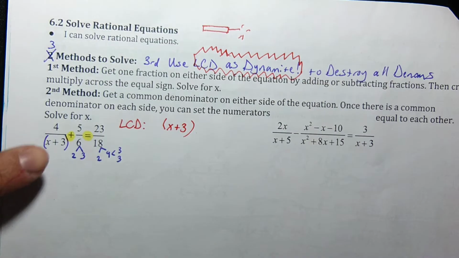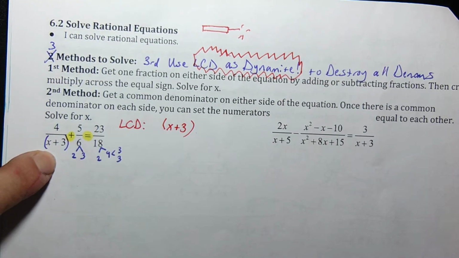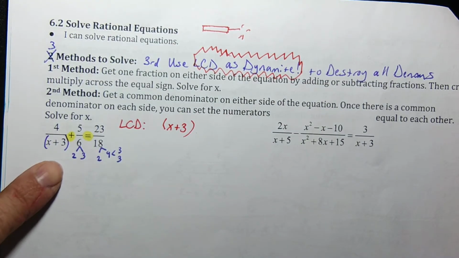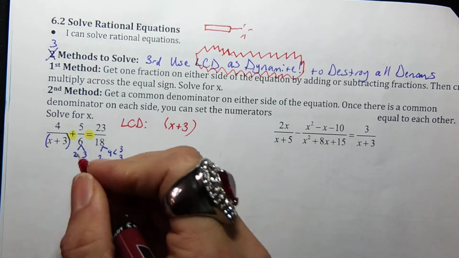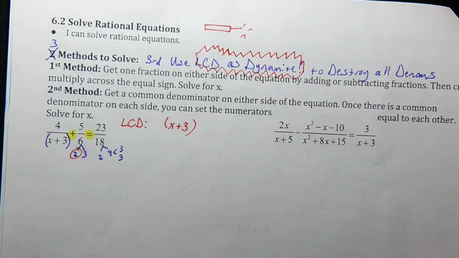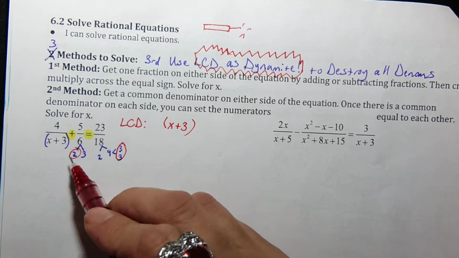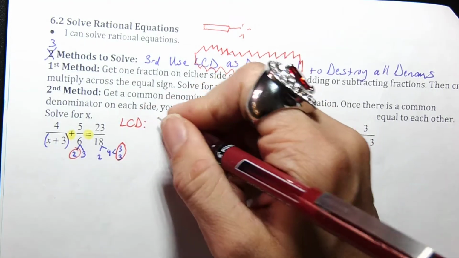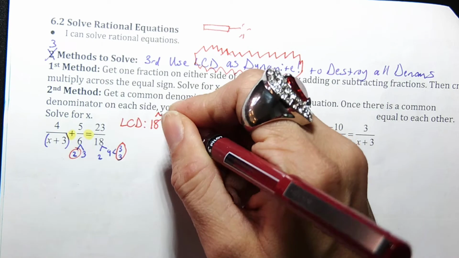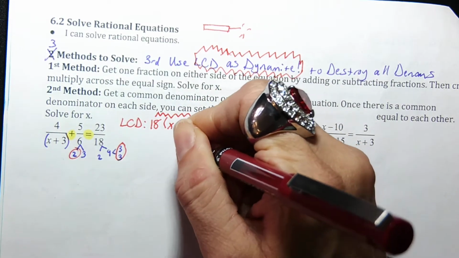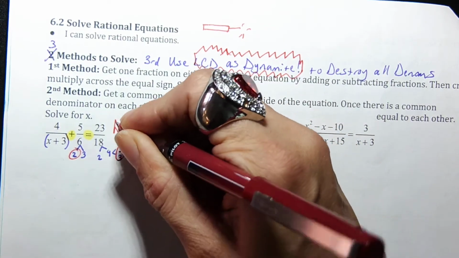So that's going to be part of our LCD since that will blow up our first fraction. Now, what's the greatest amount of 2's that we have in one fraction? 1. So 1, 2 will be part of our LCD. What's the greatest amount of 3's that we have in one fraction? Those 2 3's. So 3 times 3 times 2 will give me 18. And that is what we are going to use as our dynamite to blow up all of our fractions.